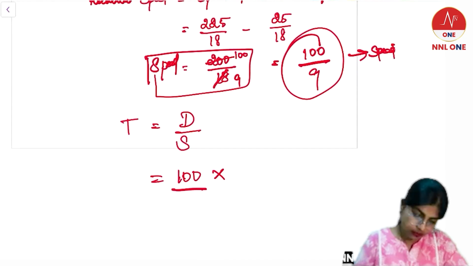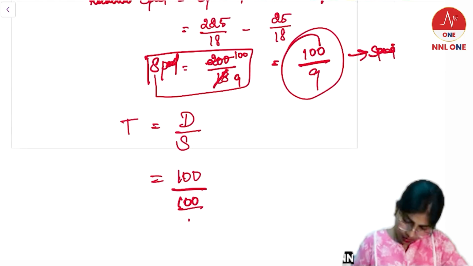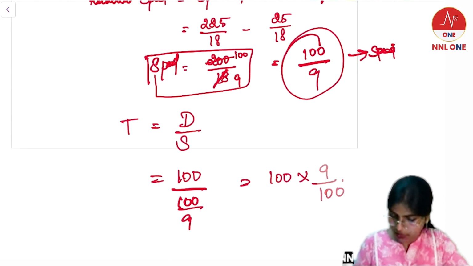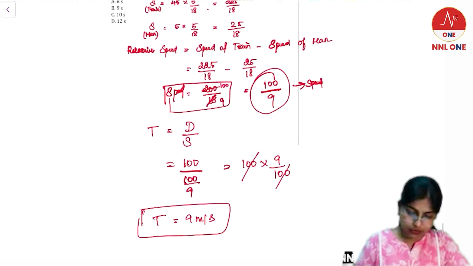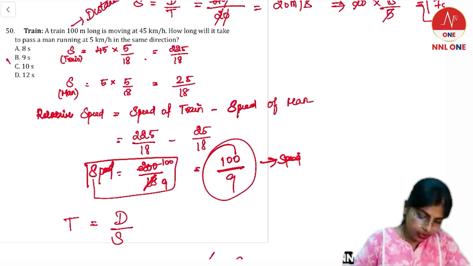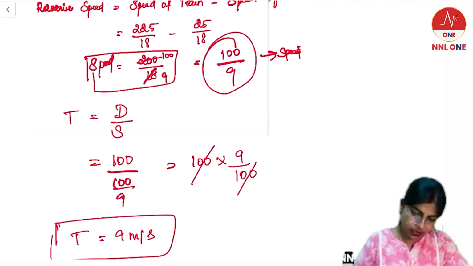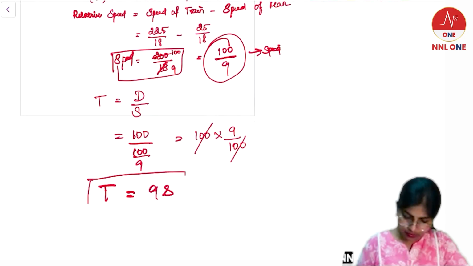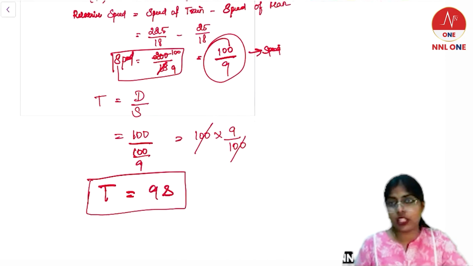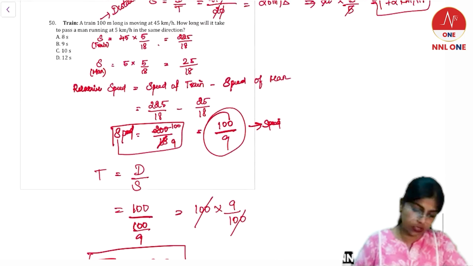Speed is 100 by 9. So 100 by 9 becomes 9 by 100 when inverted. We are going to cancel it. So the final answer is 9. For the final question, it is 9 seconds. It is not 9 meter per second, it is 9 seconds. So the time is 9 seconds, because we converted the kilometer per hour to meter per second.